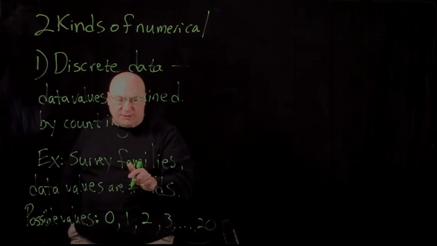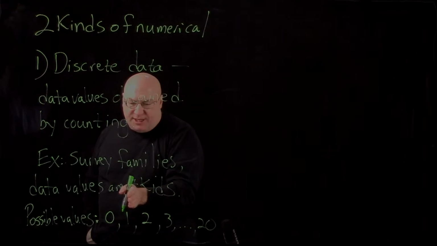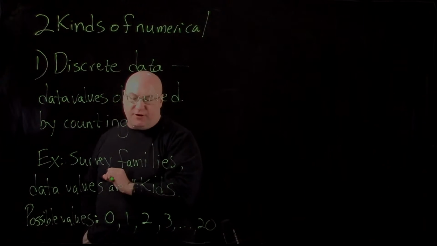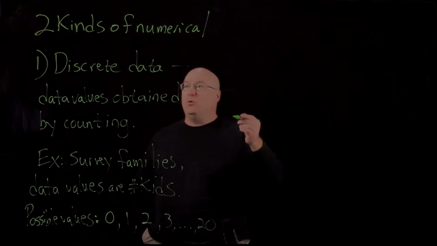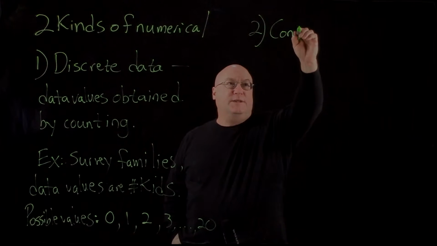So if you notice, the word discrete sort of suggests that the numbers are in separate chunks. They're separated from each other. And that's pretty obvious here. Let's contrast that with the other kind of data, continuous.